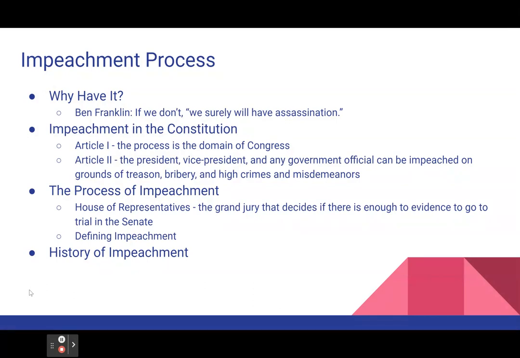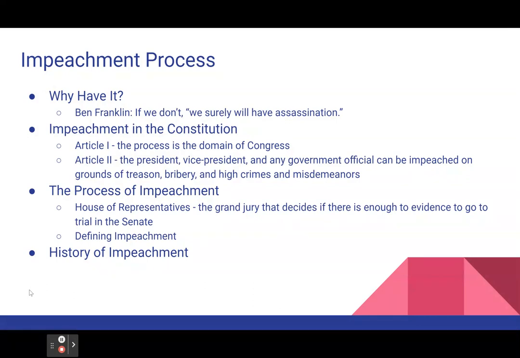Now, all three of these presidents were impeached under highly partisan circumstances. So Andrew Johnson was a Southern Democrat who was impeached by radical Republicans.